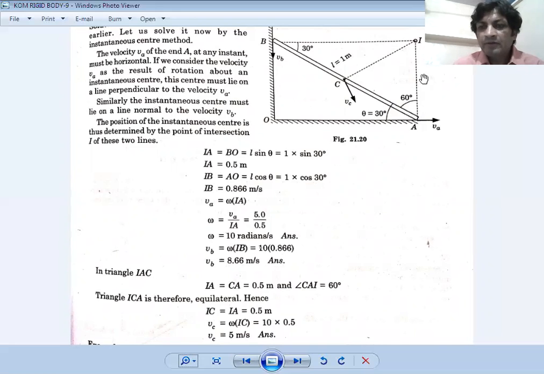Then IC is the third side of the triangle. Because the angle between these sides is 60 degrees, it is an equilateral triangle, and when it is an equilateral triangle, all sides should be equal. So IC is equal to IA is equal to 0.5 meter.